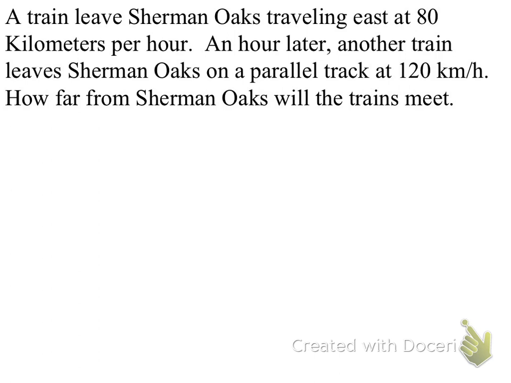Let's pause this. I think this is actually one of the homework problems. So a train travels east from Sherman Oaks. Here's SO. And I'm going to draw the picture.